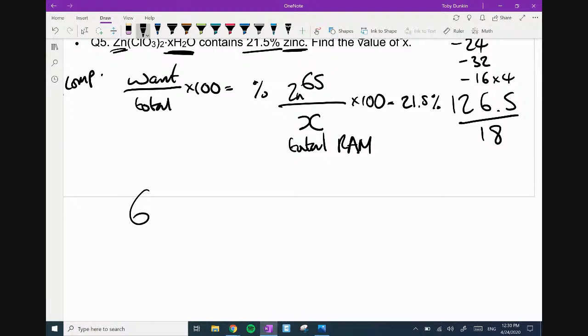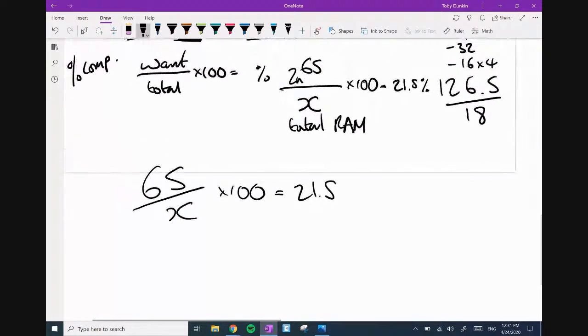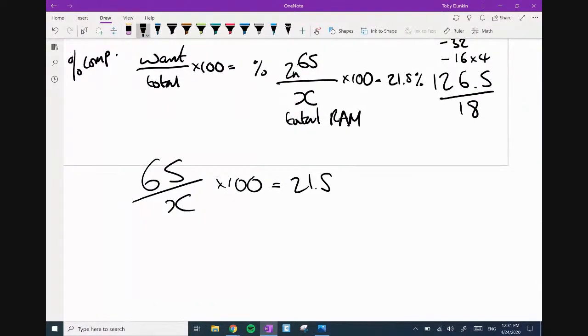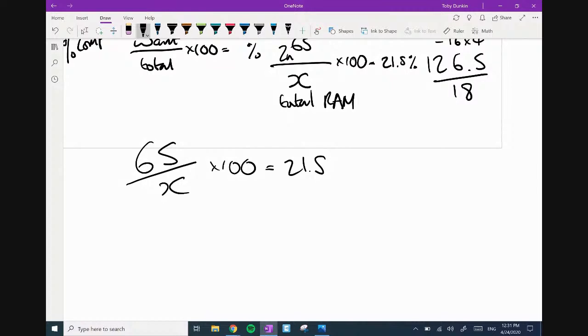Right, now let's just make that easier to read: 65 over X times 100 gives me 21.5. The first thing I can do is move X onto the other side. So this is a divide. We're going to do BIDMAS: brackets, indices, divides first.